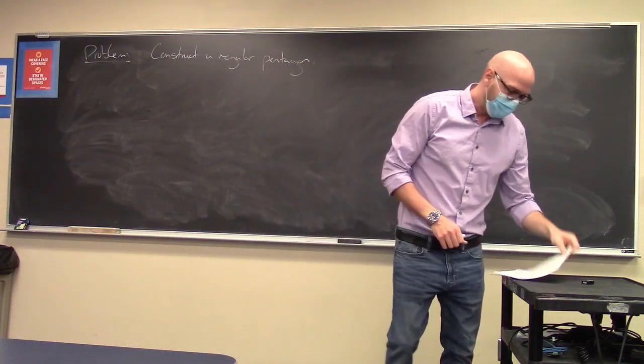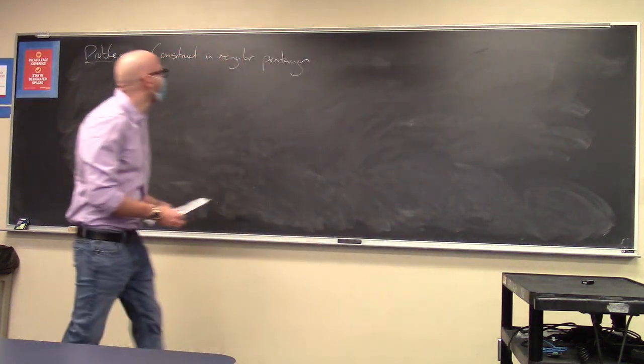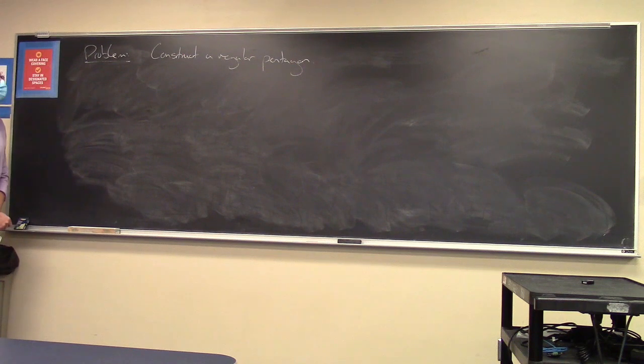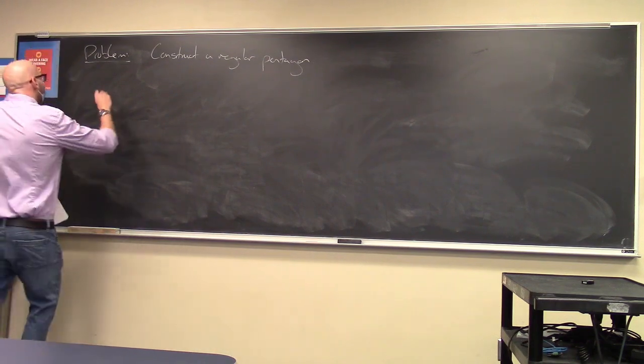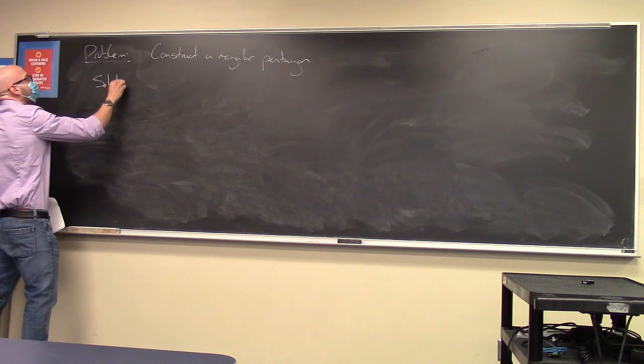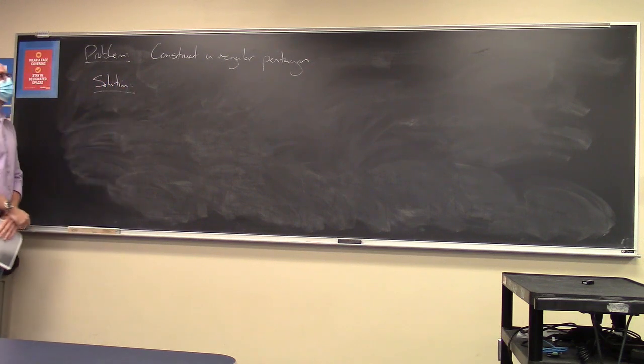I haven't looked too closely at the way the textbook does this, but it looks like it's a slight modification on what we're going to do. Ours is owed to a Japanese mathematician somewhere in the late 1800s, I believe, and it's very similar to the textbook, but here's the solution.